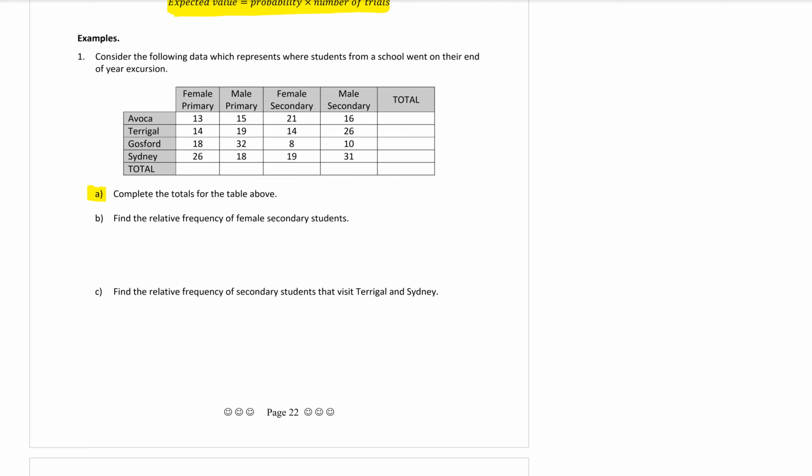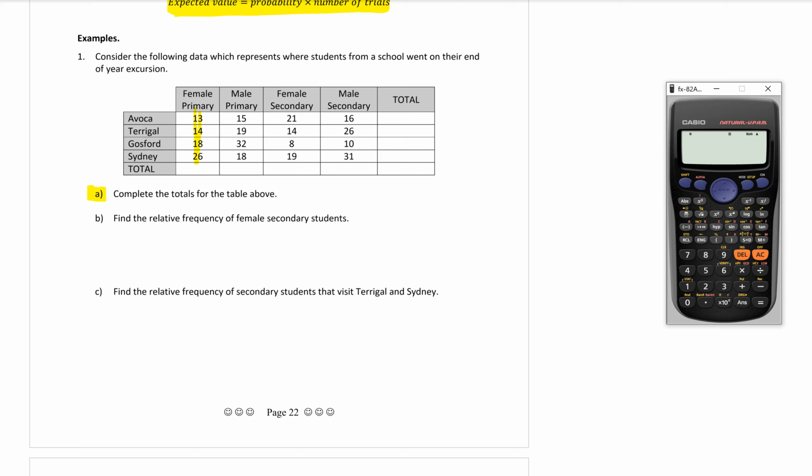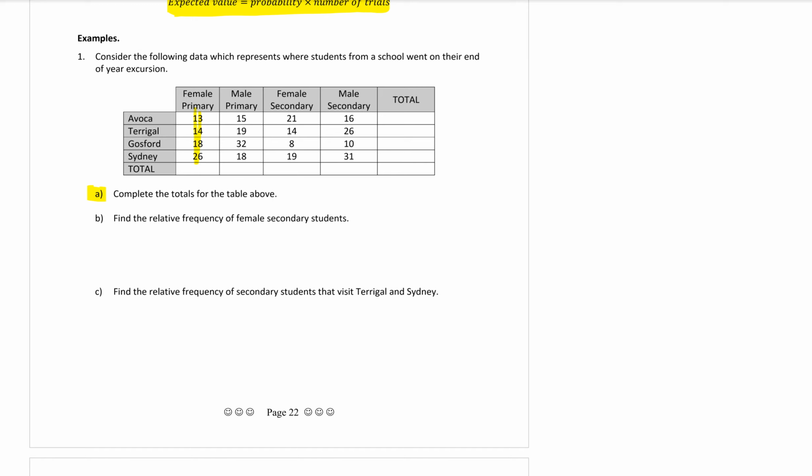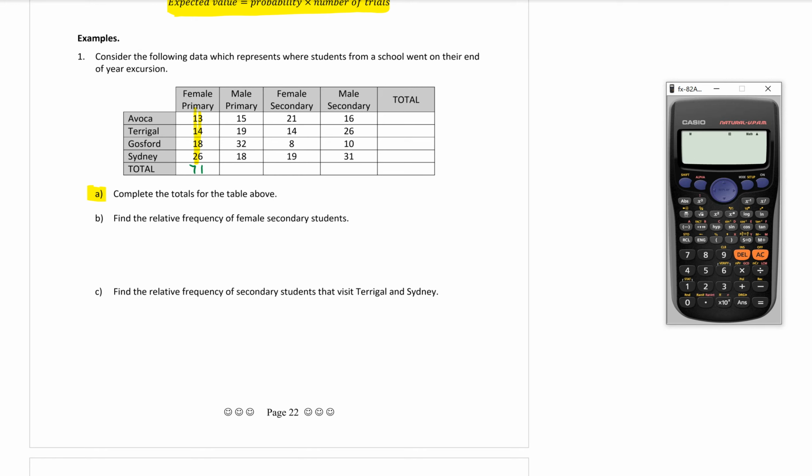So to do that, I need to add down this column to find the total at the bottom. So if you grab your calculator, the first column will be 13 plus 14 plus 18 plus 26. So that's a total of 71. Then add the second column, 15 plus 19 plus 32 plus 18.